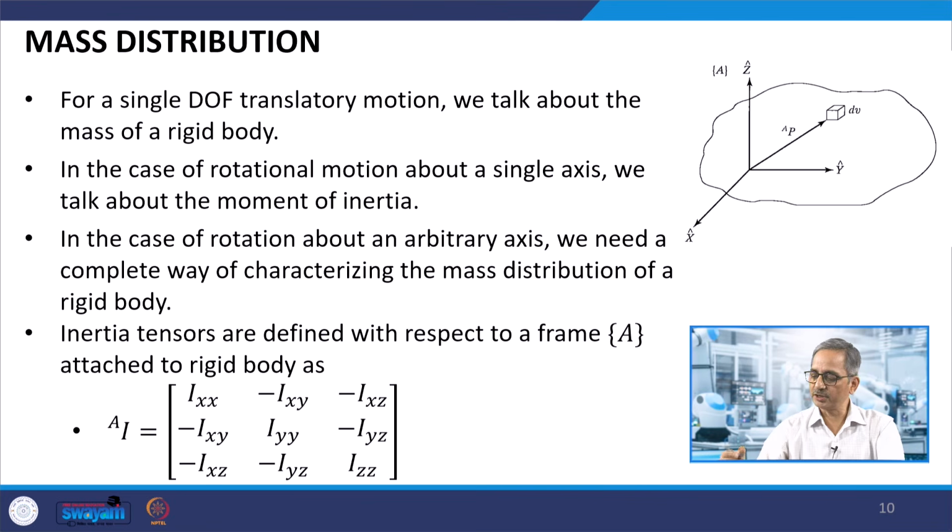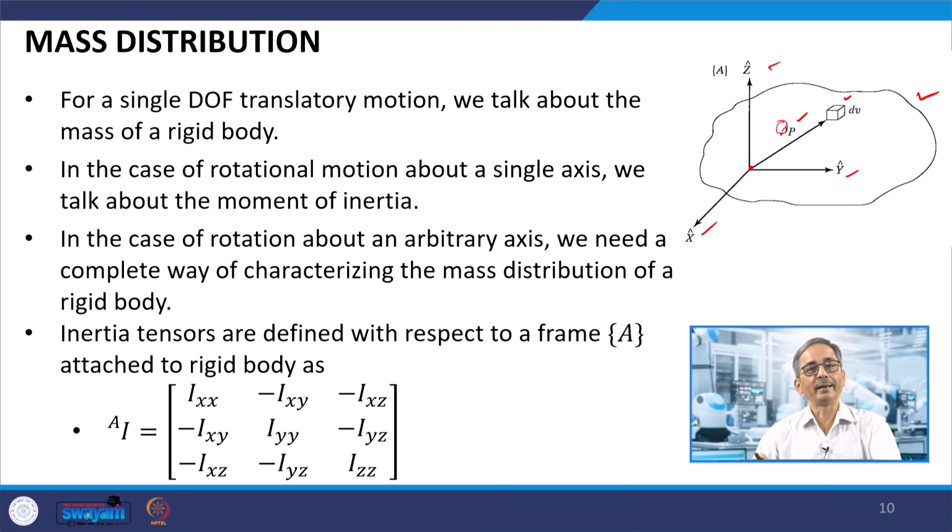Suppose you have got a rigid body, and on this rigid body I have got a small element of volume dV over here, and say this is my frame A, and from the origin of this frame, the location of this elemental volume is given by p^A. The A basically tells that it is with respect to the origin of frame A. For a single degree of freedom translatory motion, we talk about the mass of a rigid body.